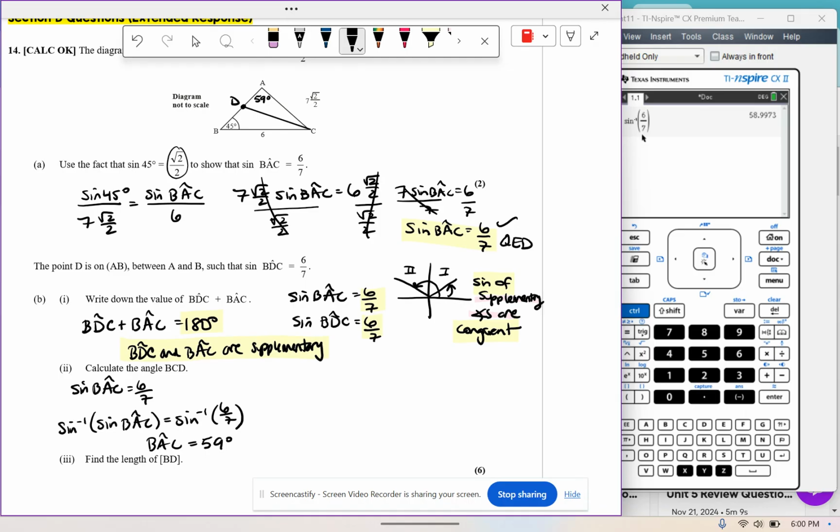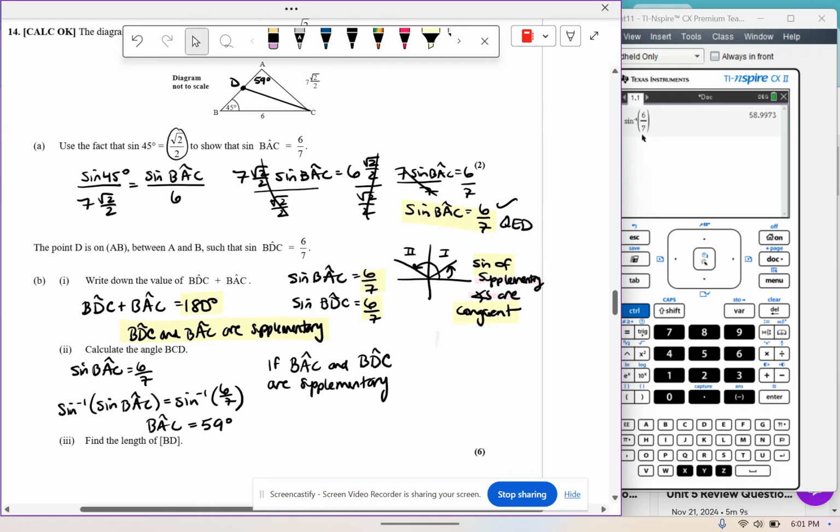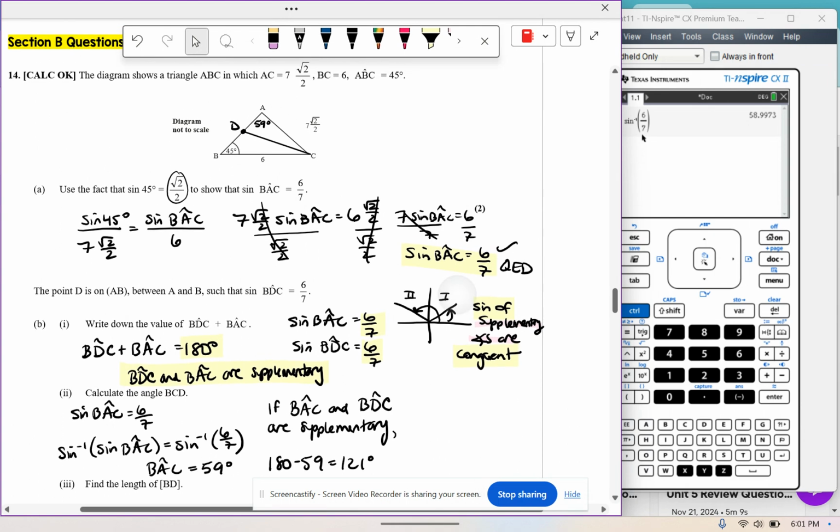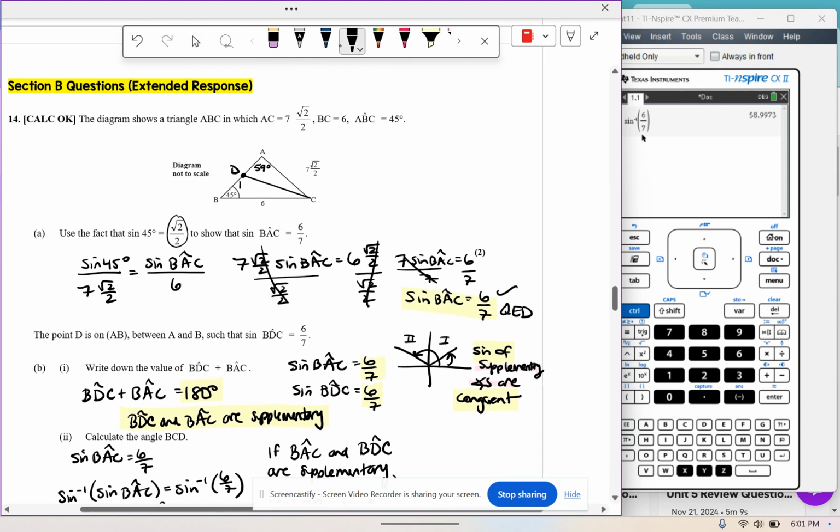So if BDC and BAC are supplements, we're going to do 180 minus 59, and that's going to give us 121. So BDC is going to be 121.